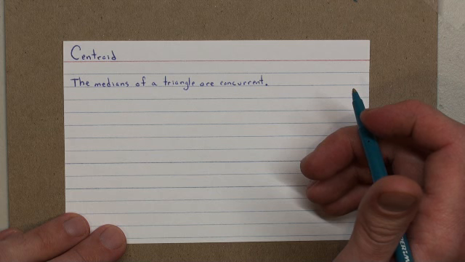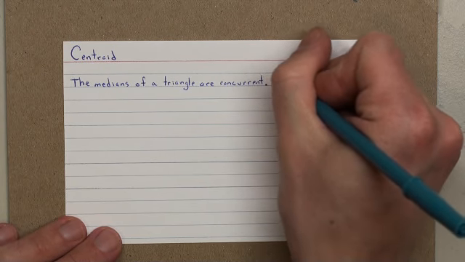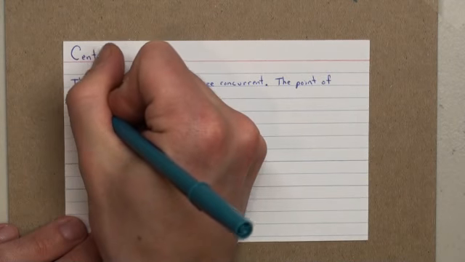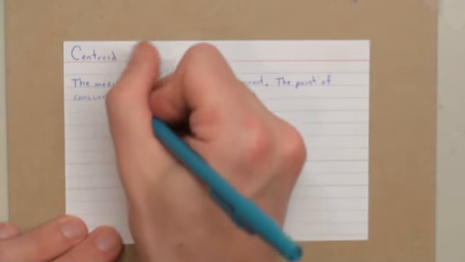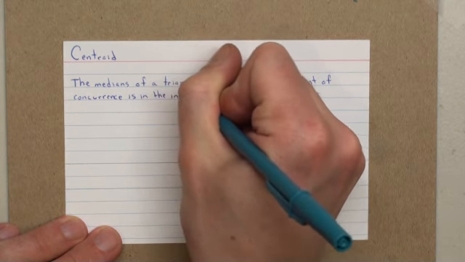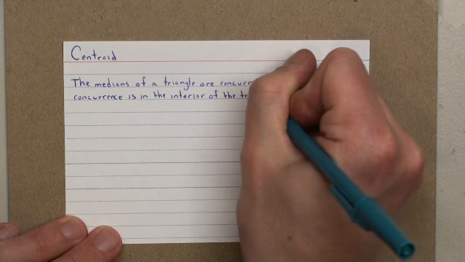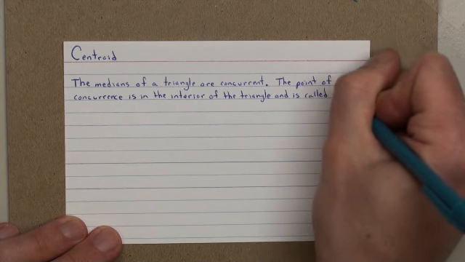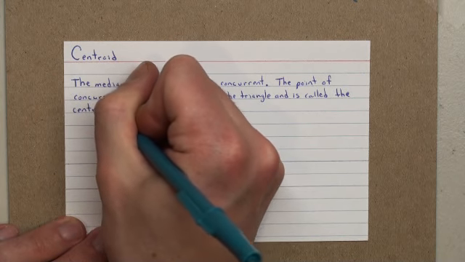The point of concurrence is in the interior of the triangle and is called the centroid. Okay?